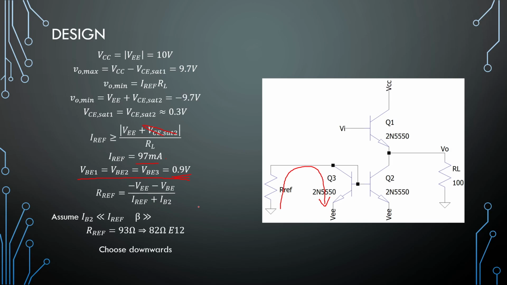If you don't know, just go with 0.7. I'm sure it will be fine. But be aware that there are transistors that switch on at higher voltages or require a higher base emitter voltage to operate at the correct current. Something like a Darlington pair transistor might switch on at 1.4 volts, which is kind of a lot when working out a reference resistor.